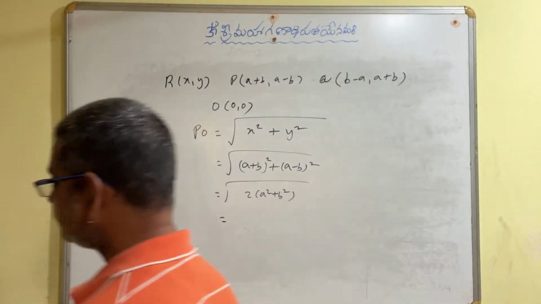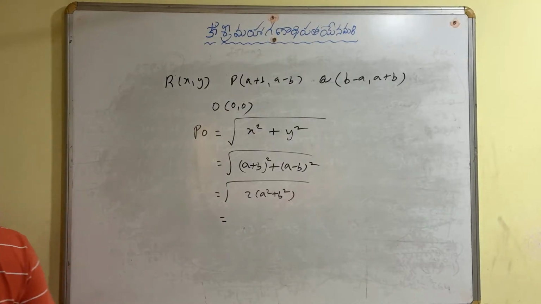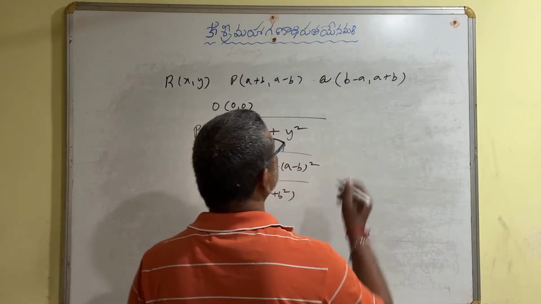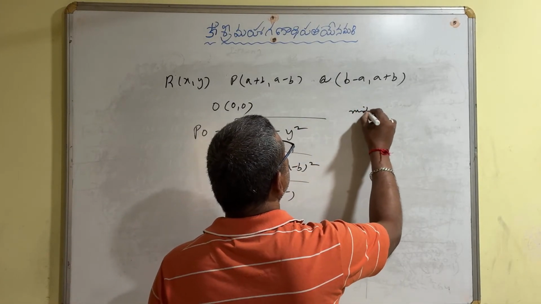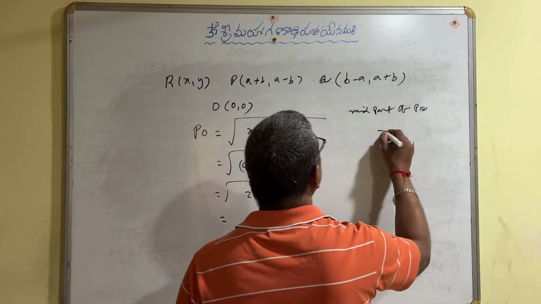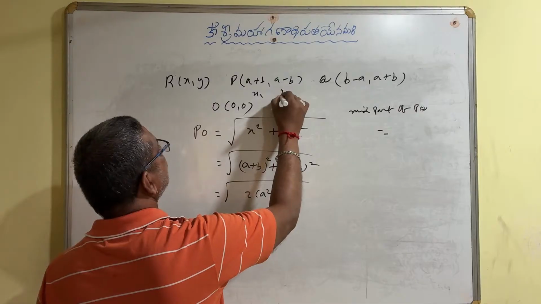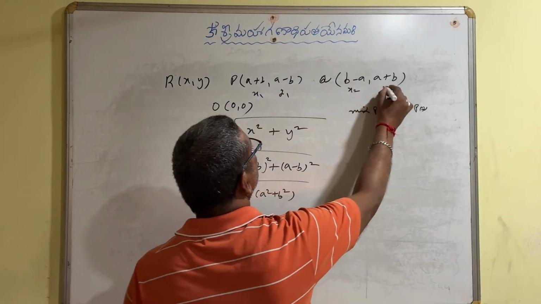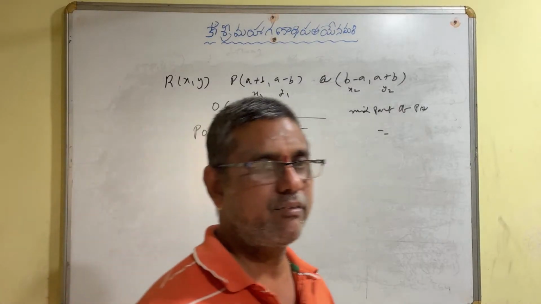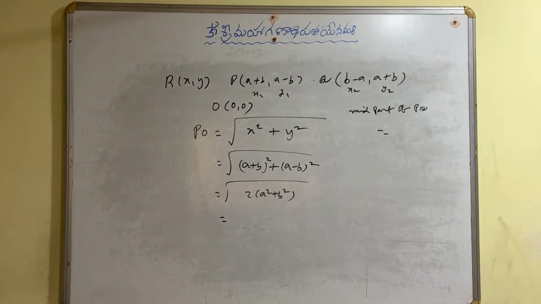Next, there is another question in that: midpoint of PQ. Let it be x1, y1, x2, y2. Children, there is a direct formula for the midpoint of 2 points.